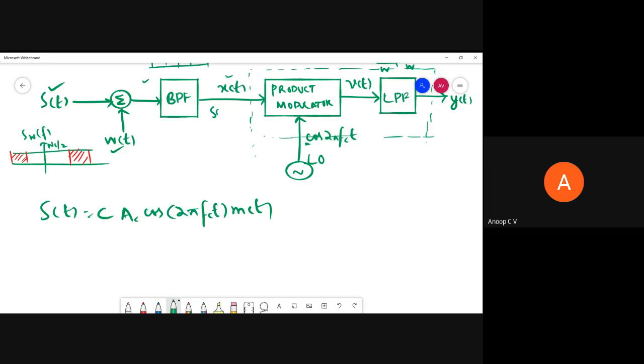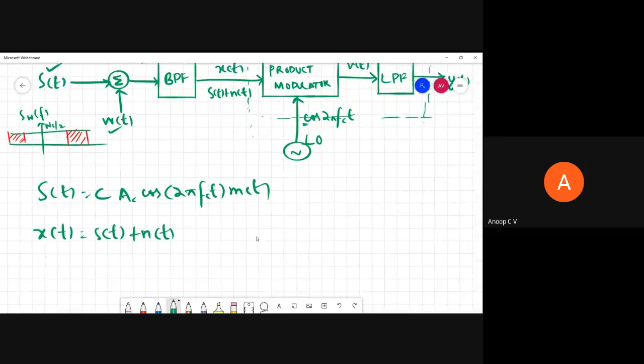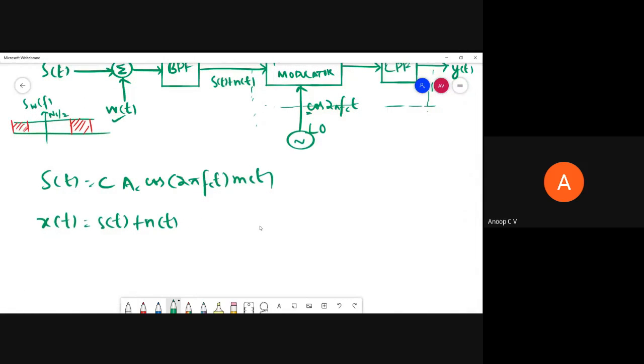So this x of t is equal to S of t plus n of t, where n of t is the band pass filtered W of t.